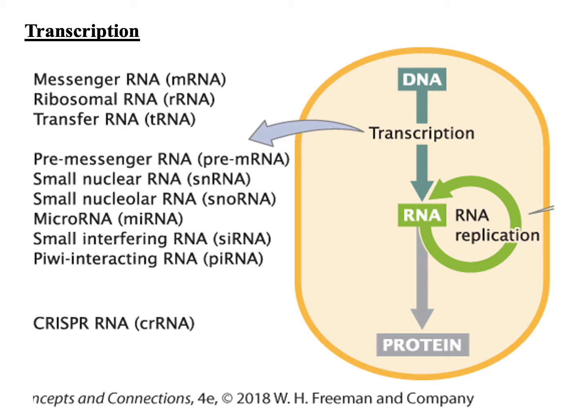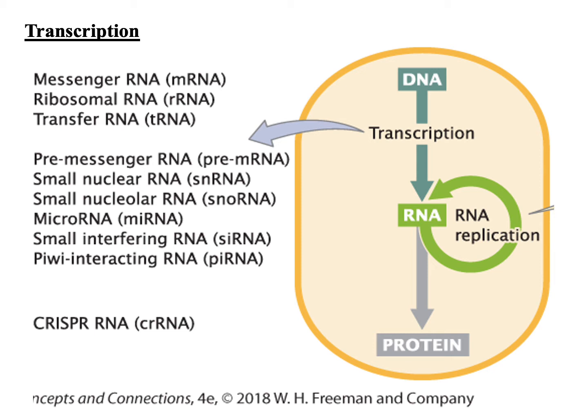That is the product of transcription of a protein coding gene. The other 2 large categories of RNA that can be produced by transcription are those known as rRNA, which is short for ribosomal RNA, and tRNA, which is short for transfer RNA.